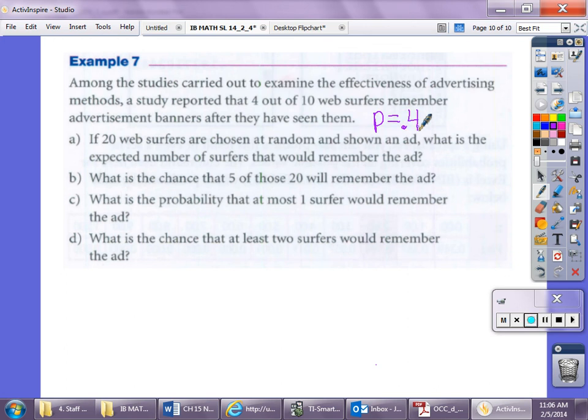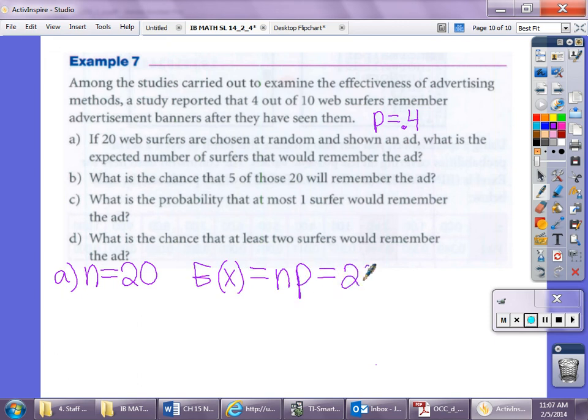Let's see. Letter A, if 20 web surfers are chosen at random, so that's my n. What is the expected number of surfers that would remember the ad? So E of x would be n times p, and that would be 20 times 0.4.